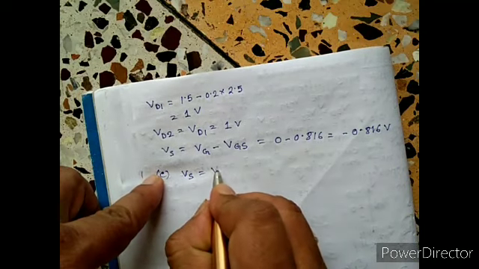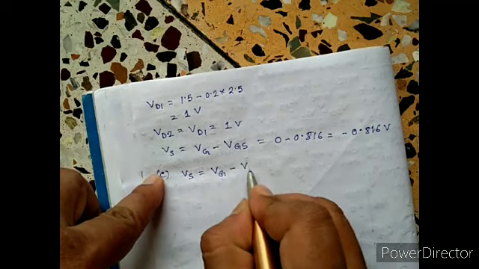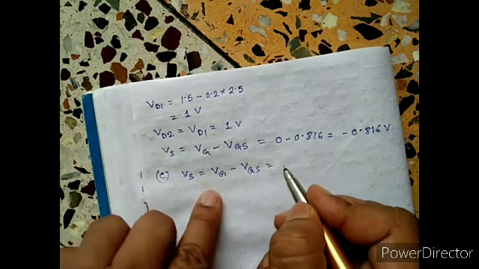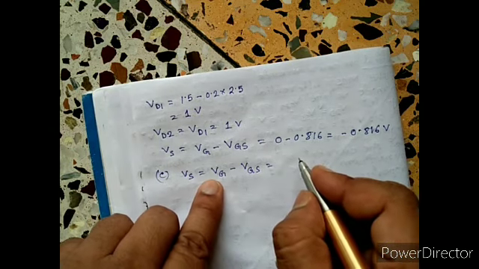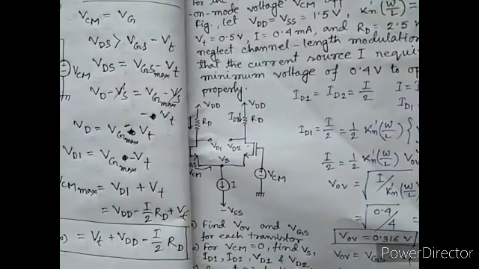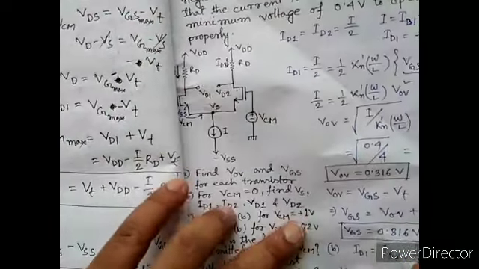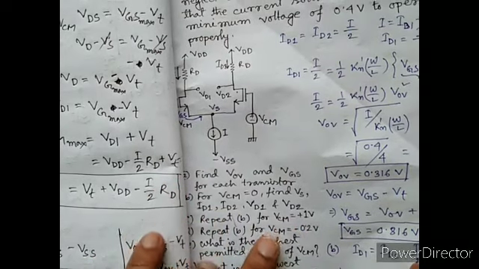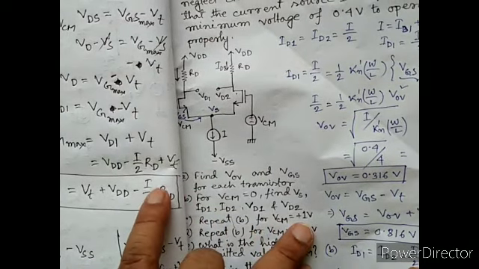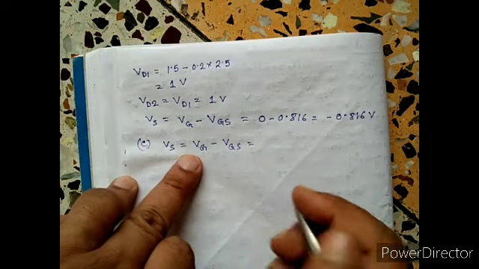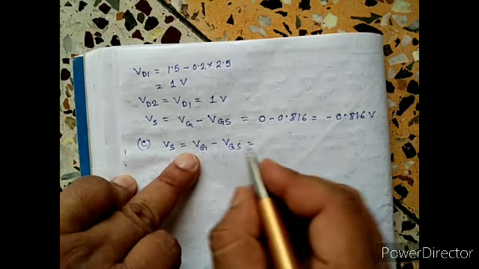Vs equals Vg minus Vgs. Now Vg equals, we are applying how much potential? We are taking VCM equals positive 1 volt, so VCM equals Vg.